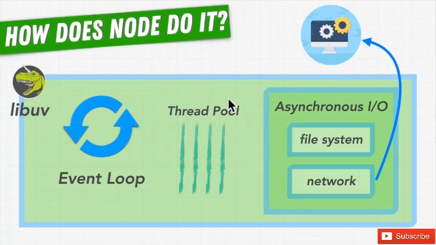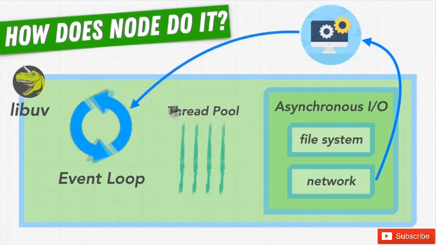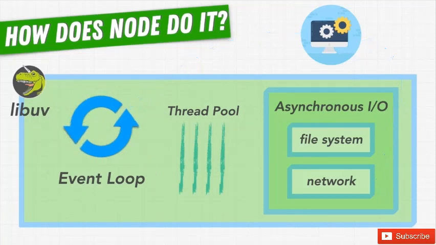When our operation finishes running in the operating system, the event loop will receive the signal and execute any callback functions.